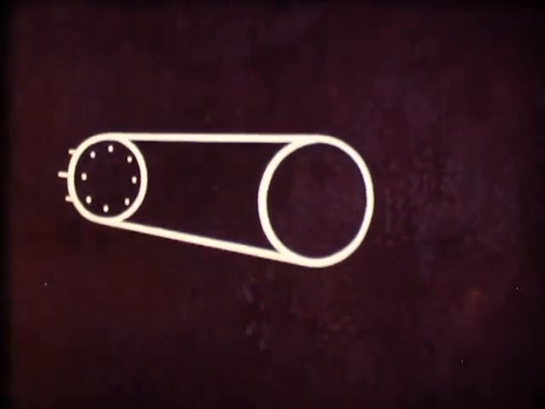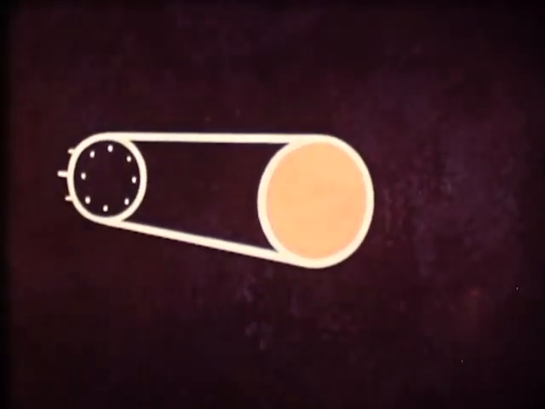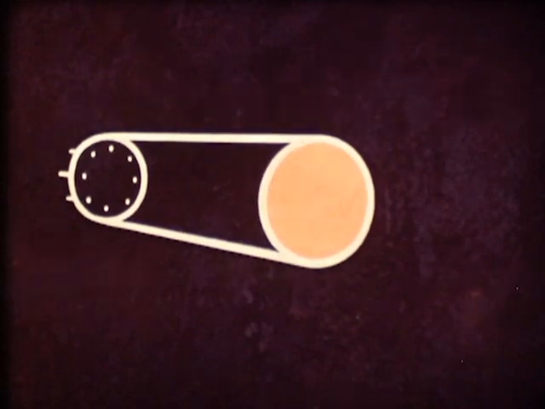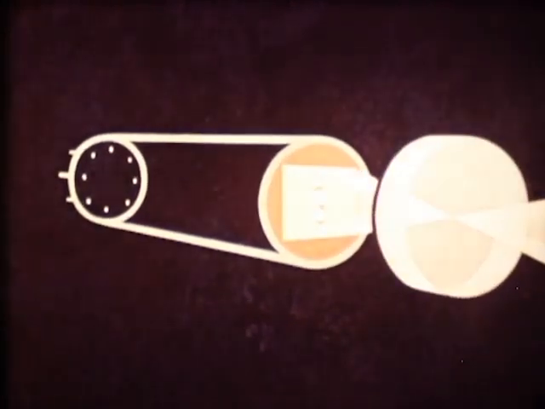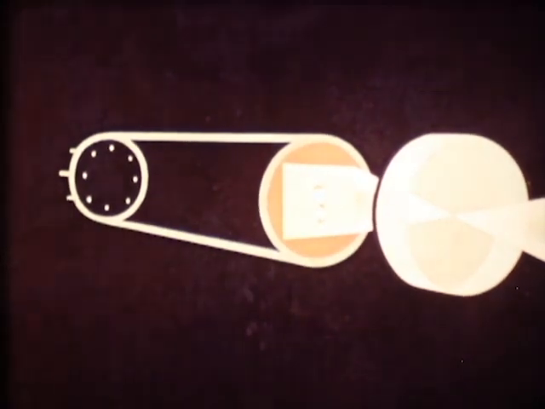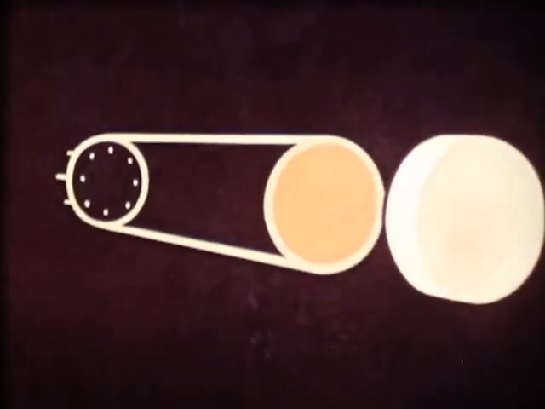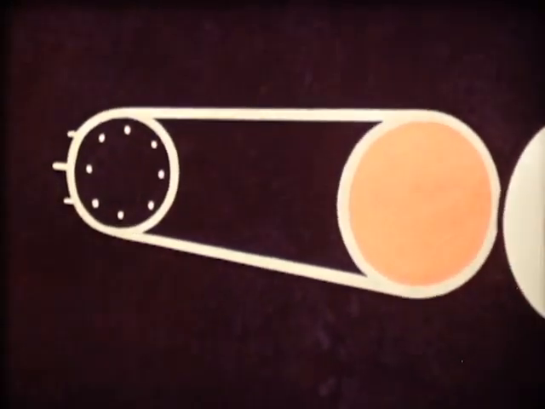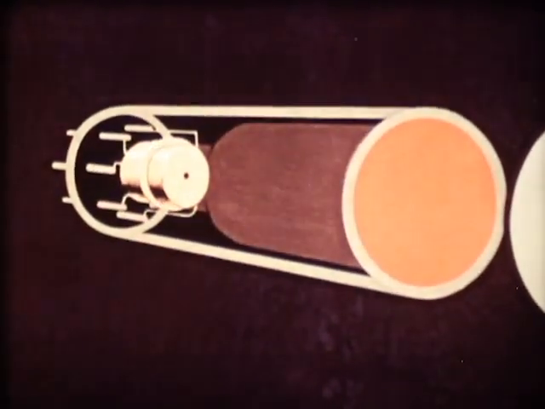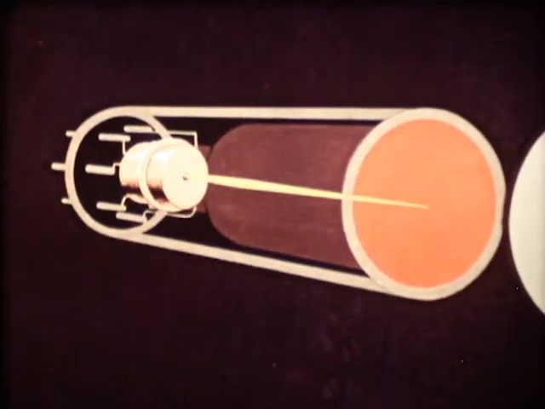At the front of the tube is a photosensitive signal plate, onto which the image to be transmitted is projected. For simplicity, we will show it the right way up. Situated at the other end is the electron gun, which directs an electron beam towards the signal plate.